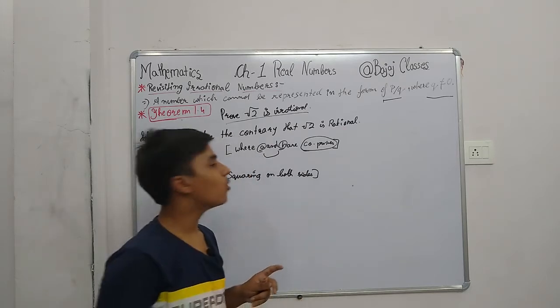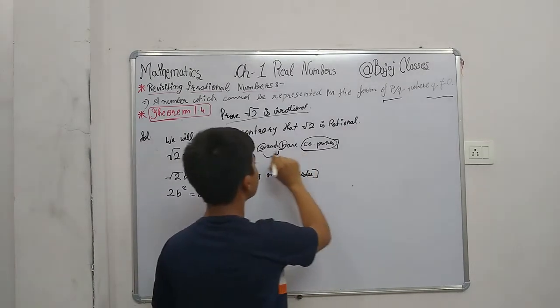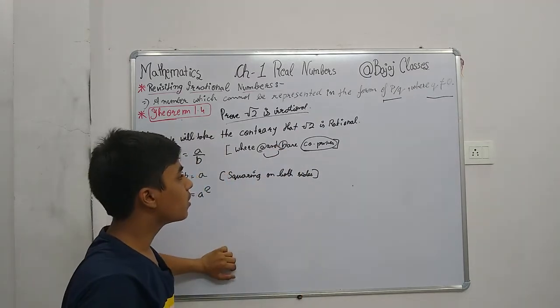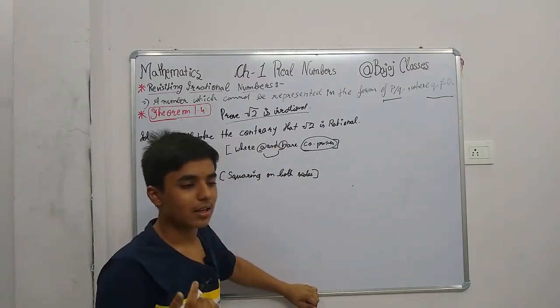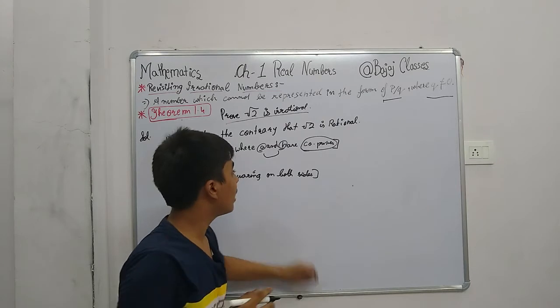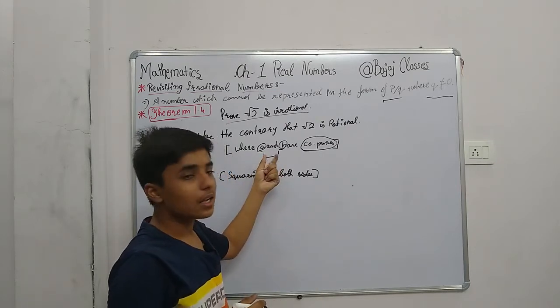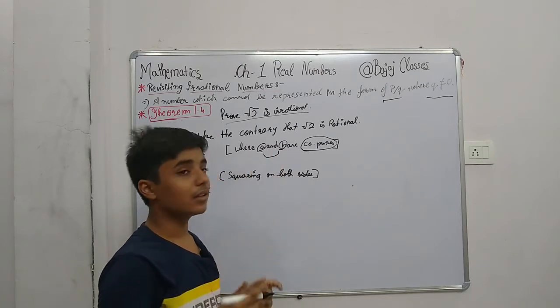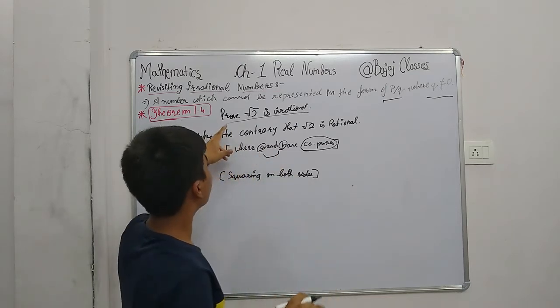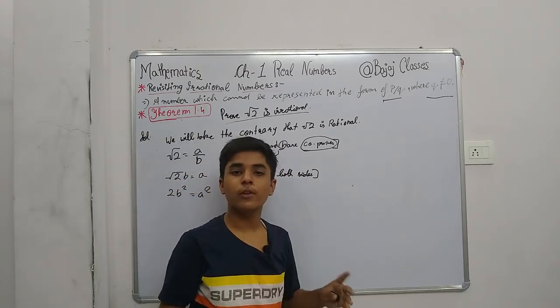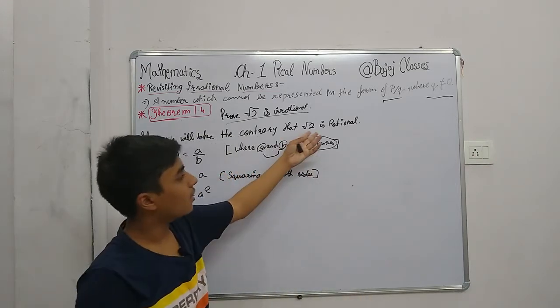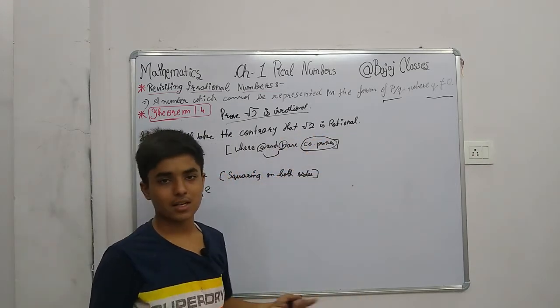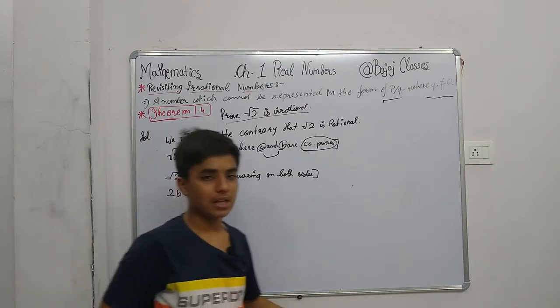So here we have a and b as co-primes. Now if we prove that there is a common factor other than 1 of a and b, then we will prove this contrary wrong. And if the contrary is wrong, then the other option than rational is irrational. So our under root 2 will be irrational.